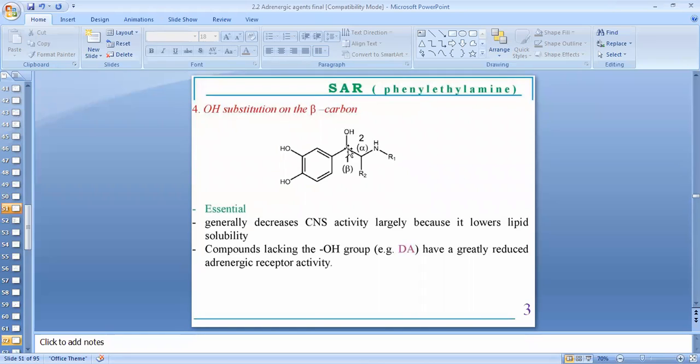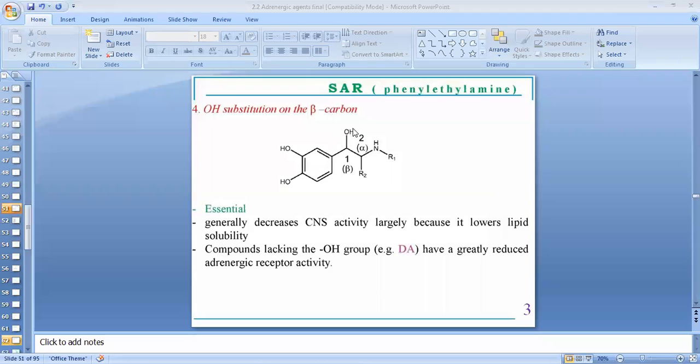Now OH substitution on the beta carbon. This OH substitution on the beta carbon is essential. See the word, it is essential. Its absence generally decreases CNS activity largely because it lowers lipid solubility.